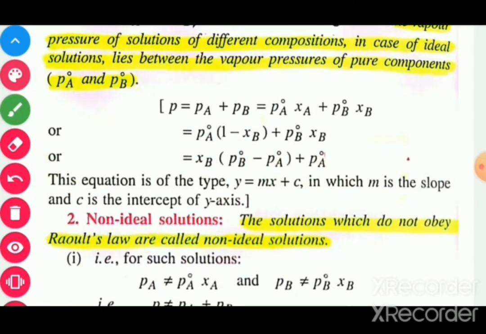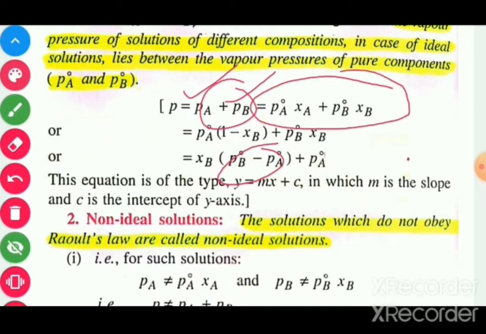So here P is equal to PA plus PB. As we know that PA is equal to P naught A into XA, and PB is equal to P naught B into XB. So P, that is the total pressure of solution, will be equal to P naught A into XA plus P naught B into XB.